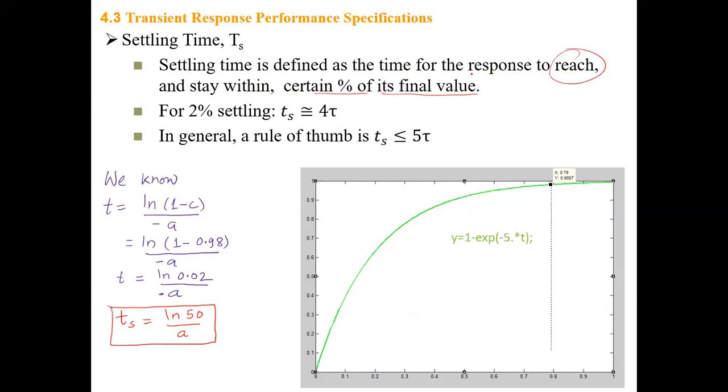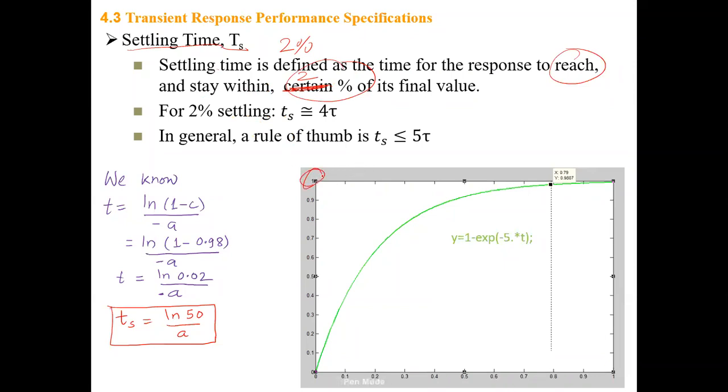Reach and stay. Let's say I want to define the settling time for 2%, meaning my response remains within 2% of the final value.